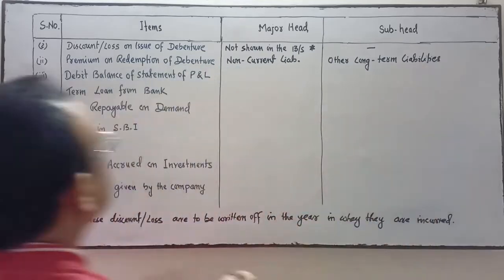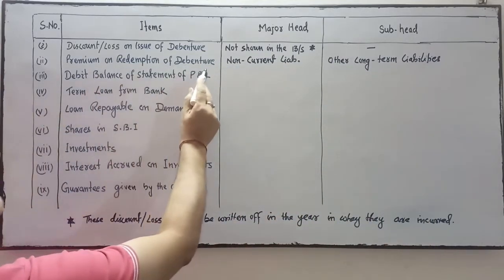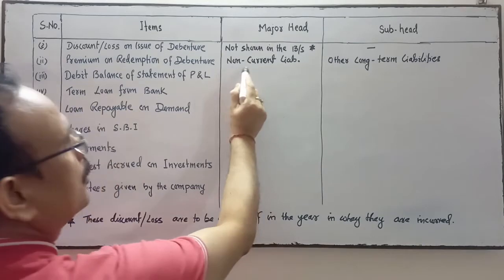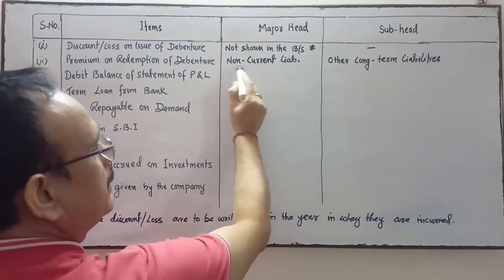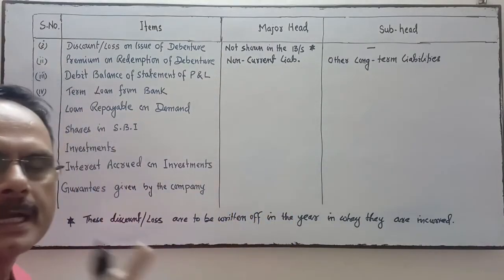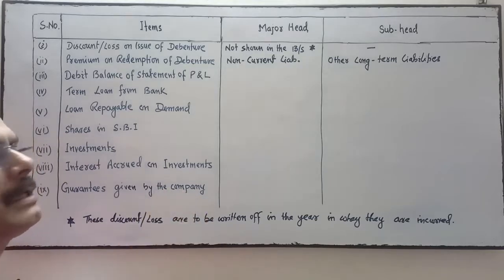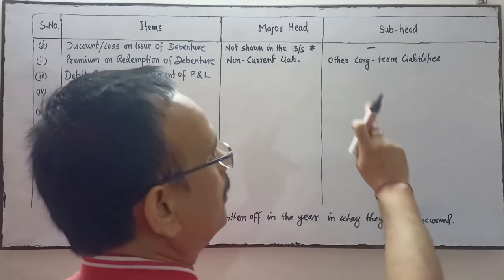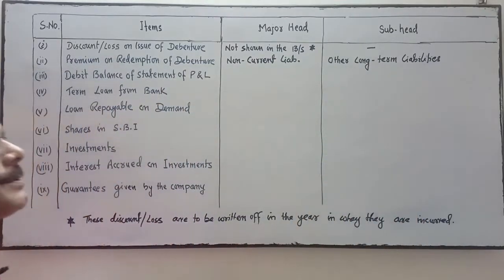Is it clear? So premium on redemption of debenture comes under which head? It comes under the heading non-current liability. Under the non-current liability, the subheading is other long-term liabilities.